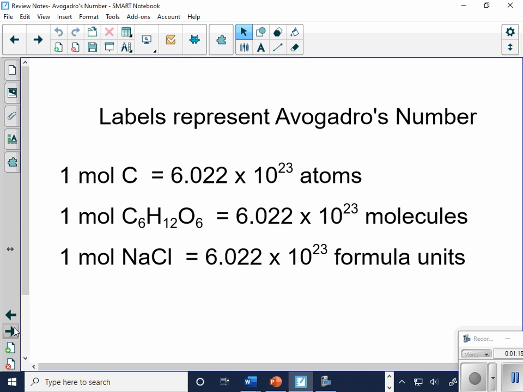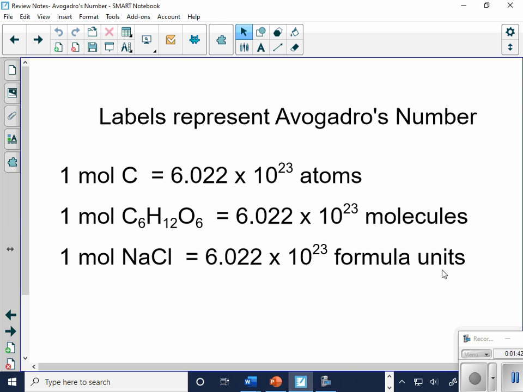Now, look at this slide that I have here, telling us about some certain endings here, okay? Atoms, we have atoms, molecules, formula units. Now, when we're dealing with these, ladies and gentlemen, we need to use the proper terminology.